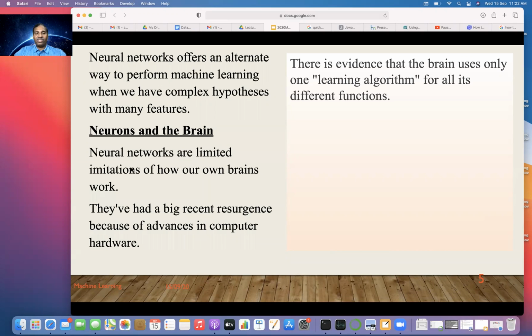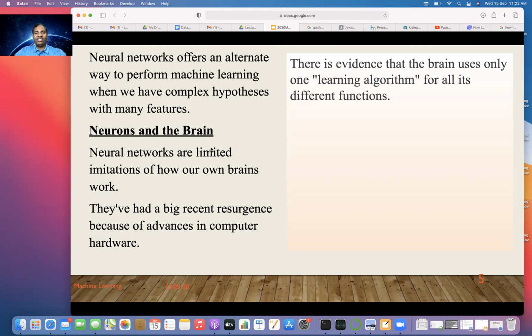There is some trigger, that neuron fires, then it releases something that goes to another neuron. Fires means it takes some signal and outputs some signal. If you are interested, you can see online material on how neurons and the brain are close to the idea of building neural networks.